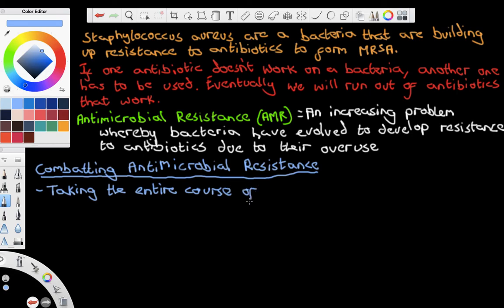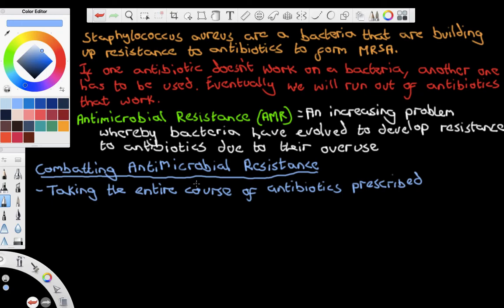Now this seems like it's against what we should be doing. This is because it says there it's due to their overuse, but the first step in combating it is to make sure that we use all of the antibiotics that we've been prescribed.